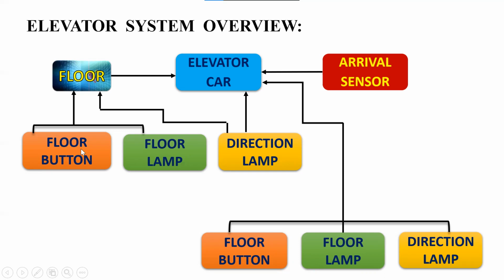If we give the input to the floor, then the elevator car moves in the direction from where it gets the request, and it will move to the arrival sensor and open.